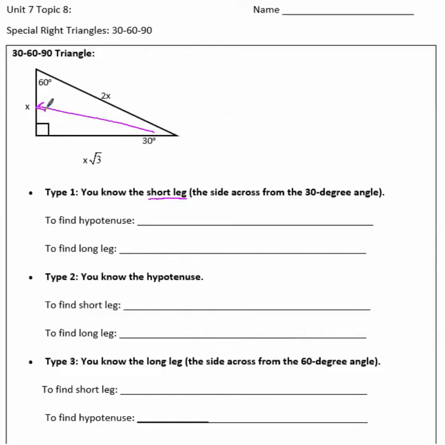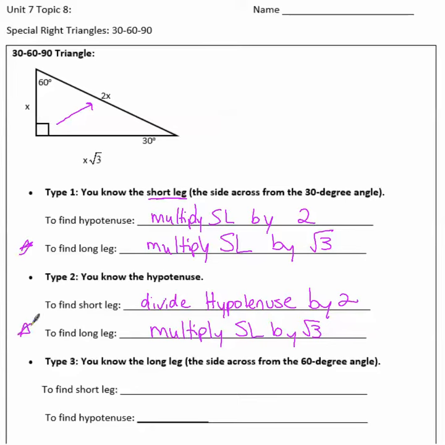Anytime you're looking for the long leg, you multiply the short leg by square root of 3. To find the long leg in either case, multiply the short leg by square root of 3.